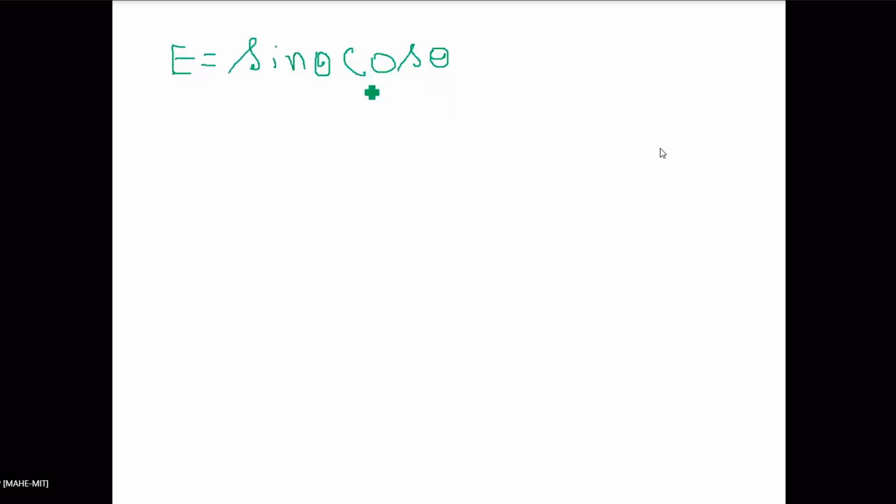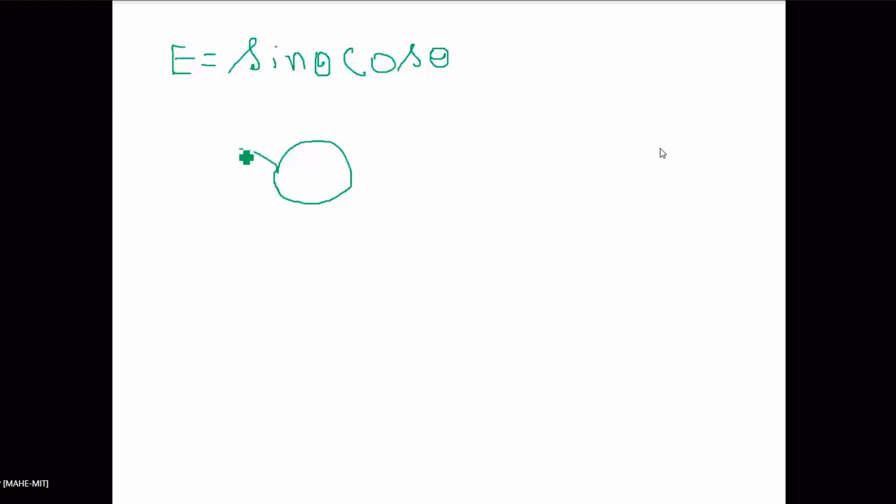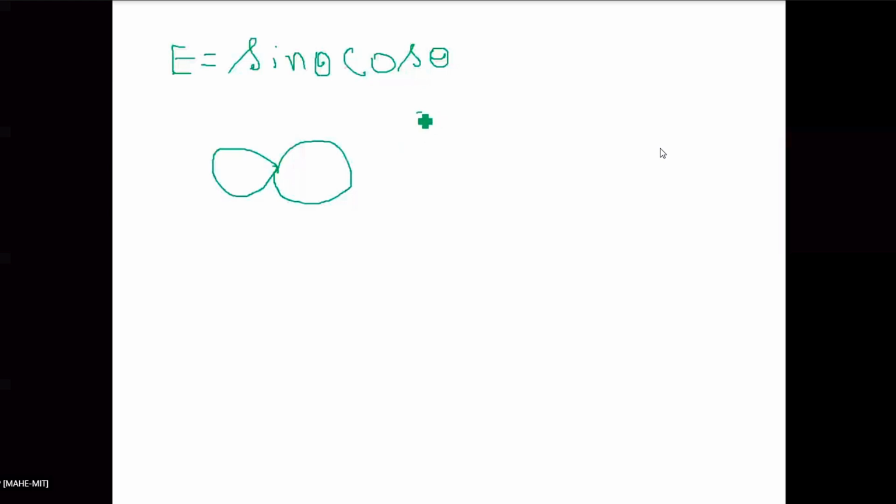Naturally you have to keep assigning values from theta equal to 0 to pi and find the value of E at all different angles. You know the sin theta pattern, it is like this, and the cos theta pattern is like this. Yes, sir. So E is equal to sin theta into cos theta.